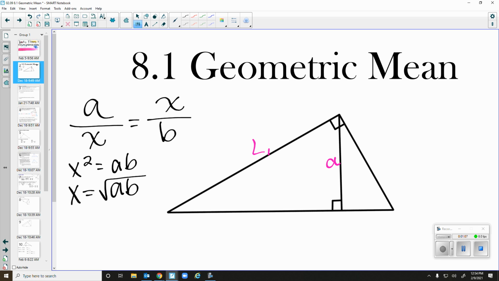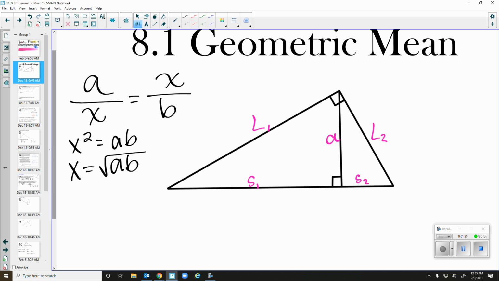So if we call this one leg 1 and this one leg 2, the longer leg goes with the longer segment. And the longer segment are the 2 parts of the hypotenuse created whenever you have that altitude. So this would be segment 1 and this would be segment 2. And then you have the whole thing of your hypotenuse.